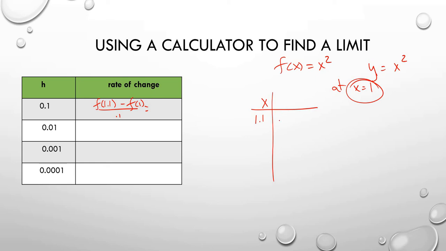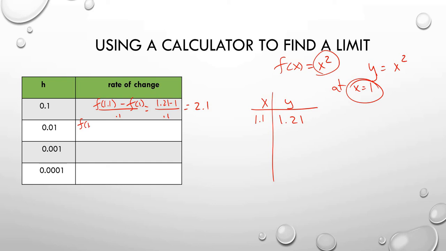If you plug 1.1 into your calculator, you'll get 1.21. That's my x squared, 1.1 squared. So it'll be 1.21 minus 1 over 0.1, which is 2.1.